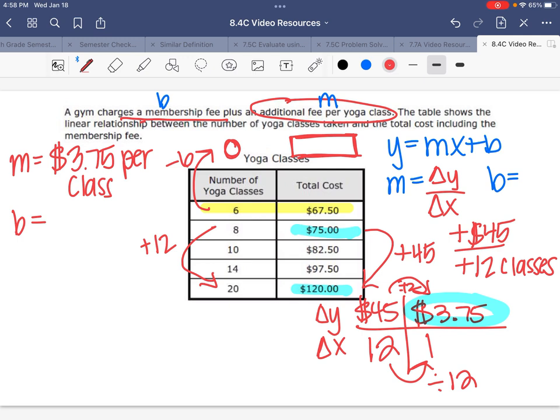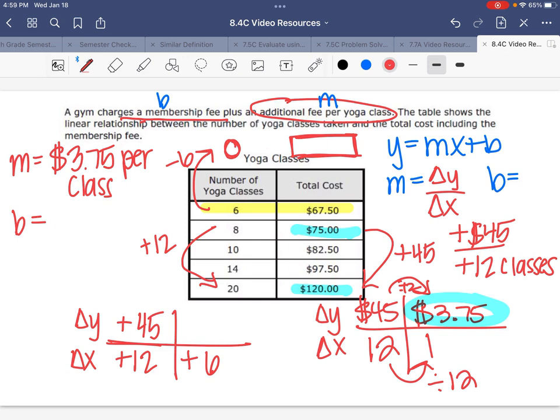Well, if I'm working backwards, if when I add 12, I have to add 45, so when I increase by 45, I'm increasing by 12 for my comparison of change in y to change in x. Then that means for an increase of 6 to x, I would increase by 22.5 to y, because it increases at that same rate.